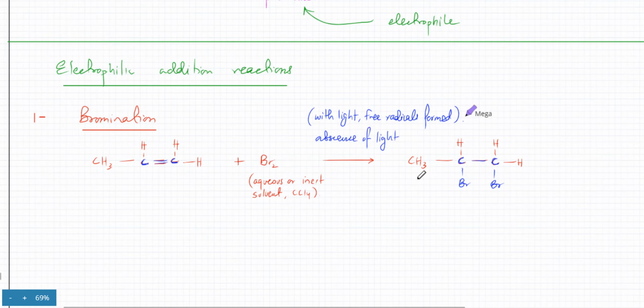And remember, if aqueous conditions are used, then another thing could happen, and that is that OH could get involved.